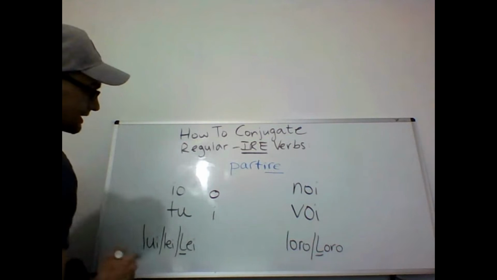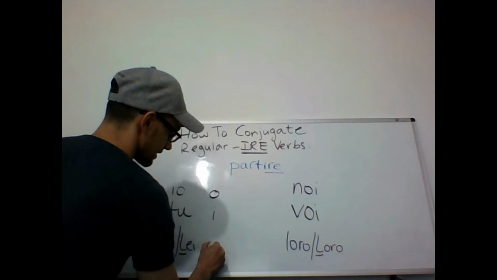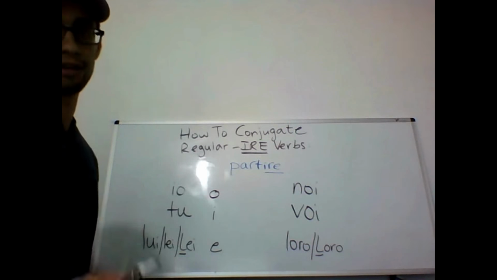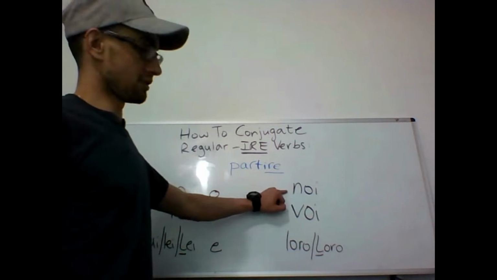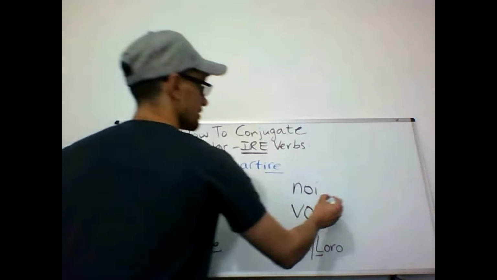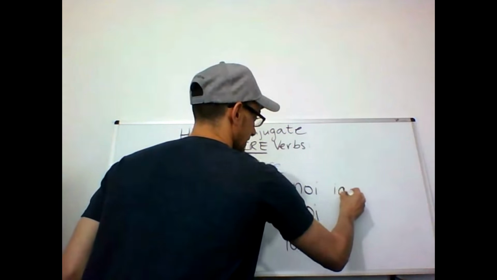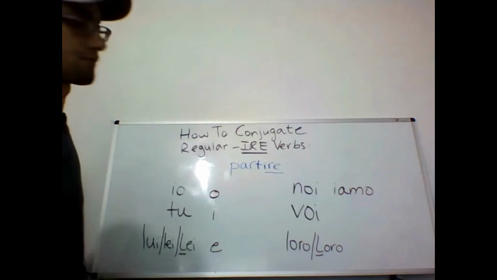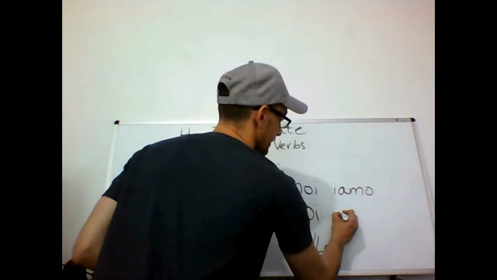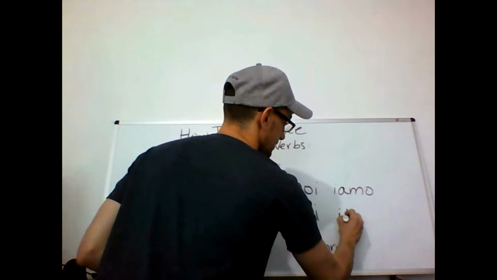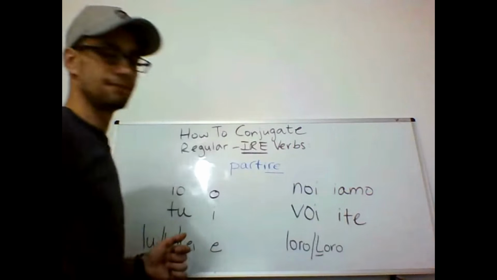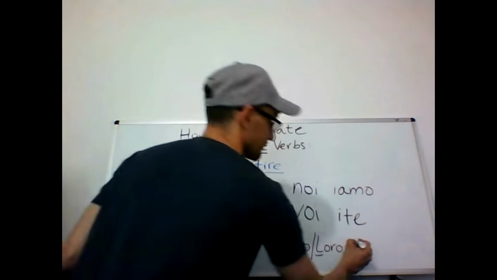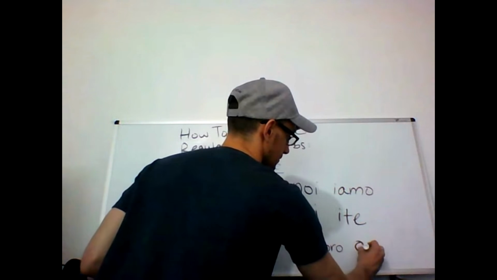And for the lui, lei, it will end in an E, but pronounced E in Italian. For the noi form, the ending is iamo. For the voi form, the ending is ite. And for the loro form, the ending is ono.